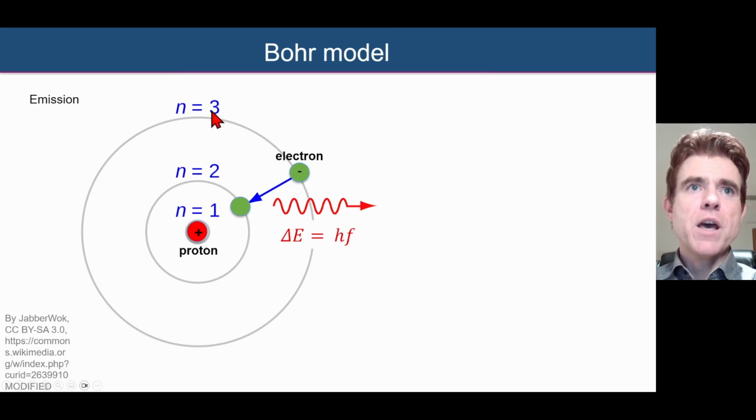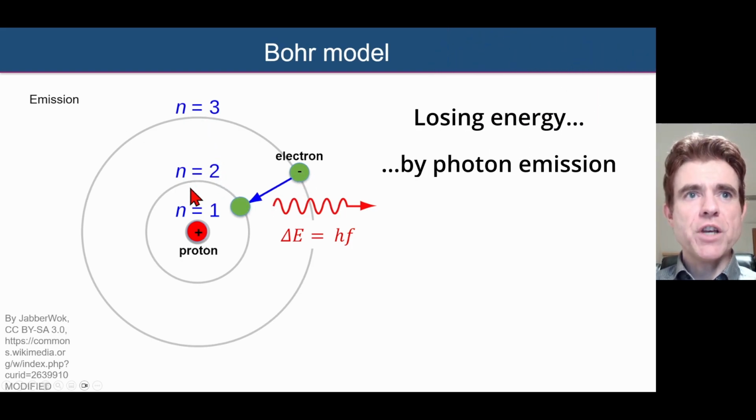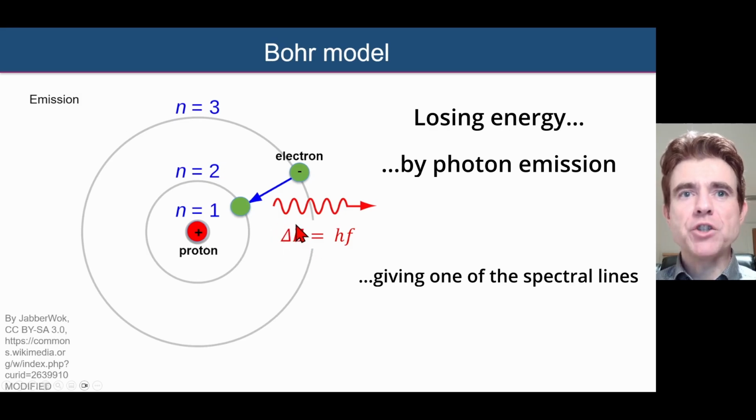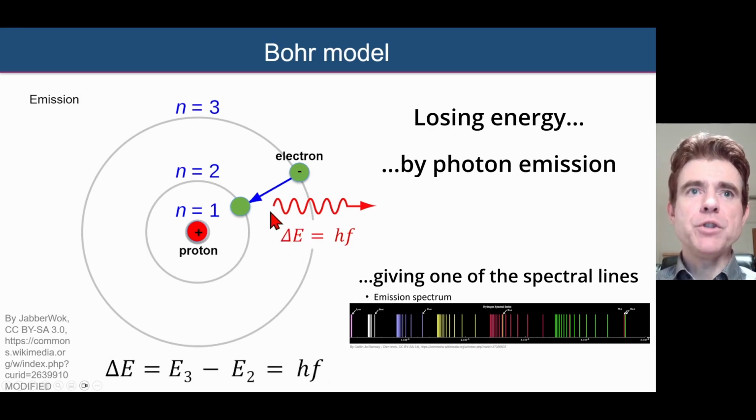First of all then, energy levels are governed by these integer principal quantum numbers, n equals 1, 2, and 3, and so on up to infinity. Here then, if we have an electron in this excited state of energy state n equals 3, it can lose energy by dropping down to n equals 2 by emitting a packet of energy corresponding to a photon, which matches the energy difference between the n equals 3 state and the n equals 2 energy level.